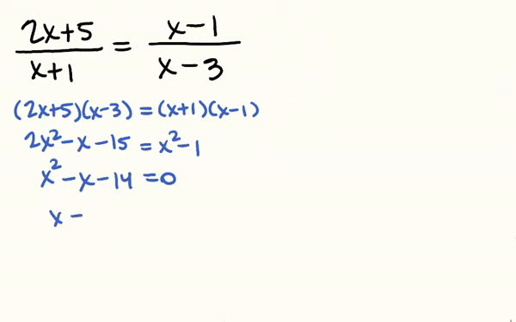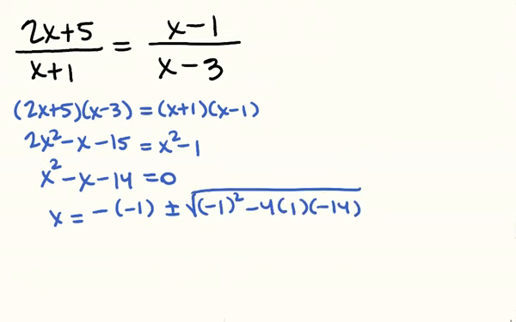So I'm going to say x equals negative b plus or minus the square root of b squared minus 4ac, all divided by 2a.